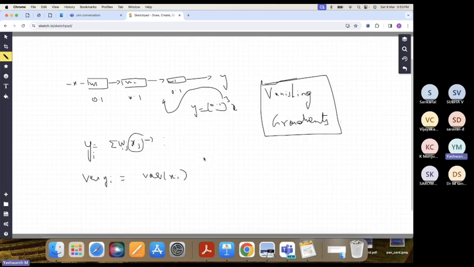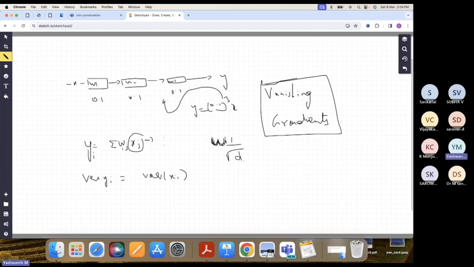If you want to maintain this, you would want to scale your weights with 1 over the square root of the size of the input, if the weights have unit variance.